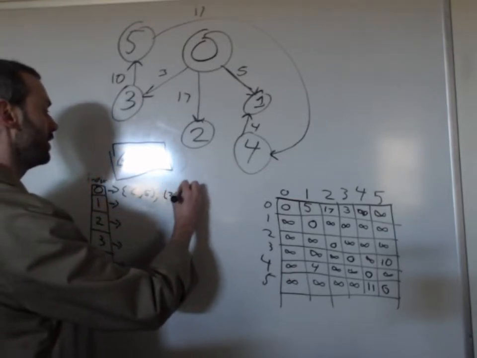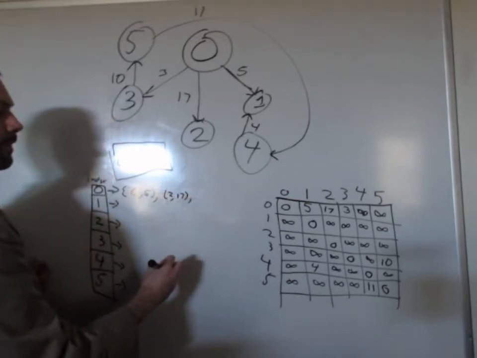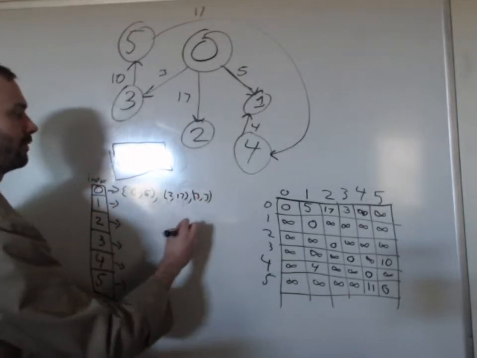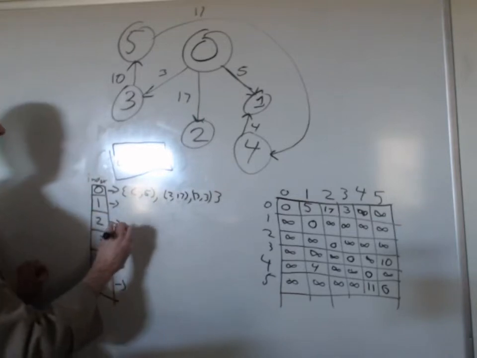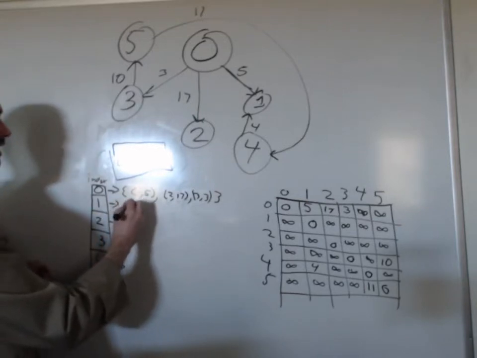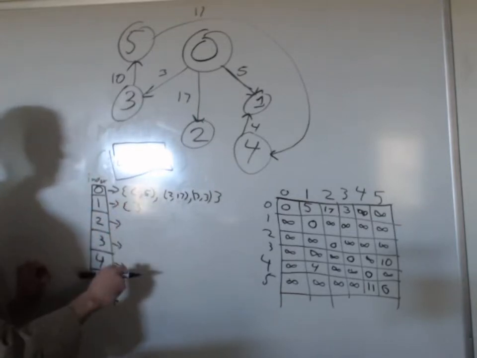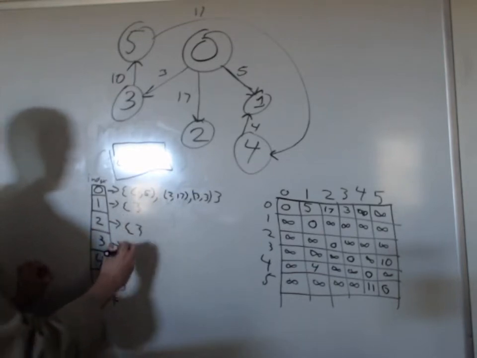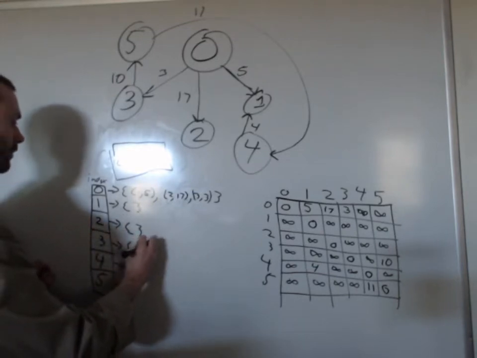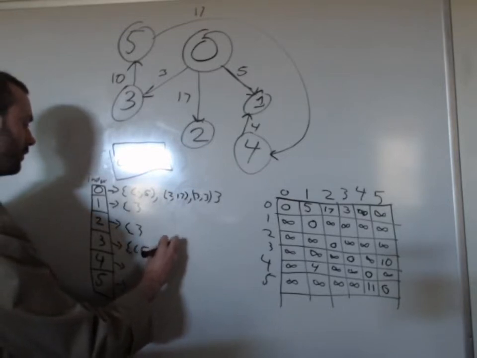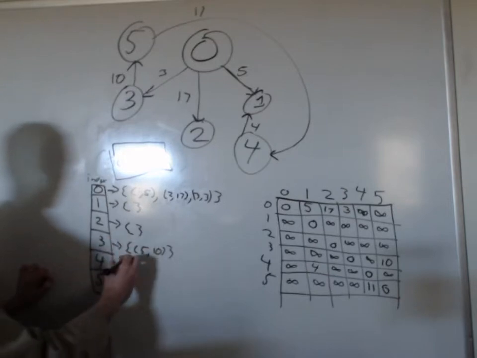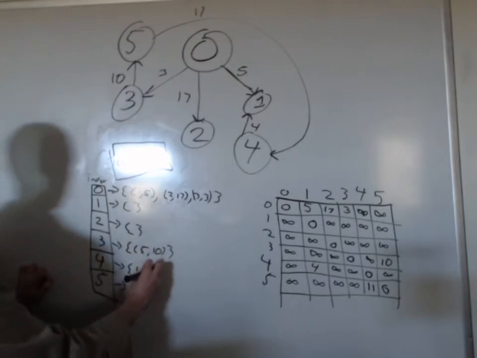Yeah, there we go. 2, 17, 3, 3, and then are we done? Yep. How about 1? Empty set. How about 2? Empty set. How about 3? 5, 10. Yep. How about 4? 1, 4, right.